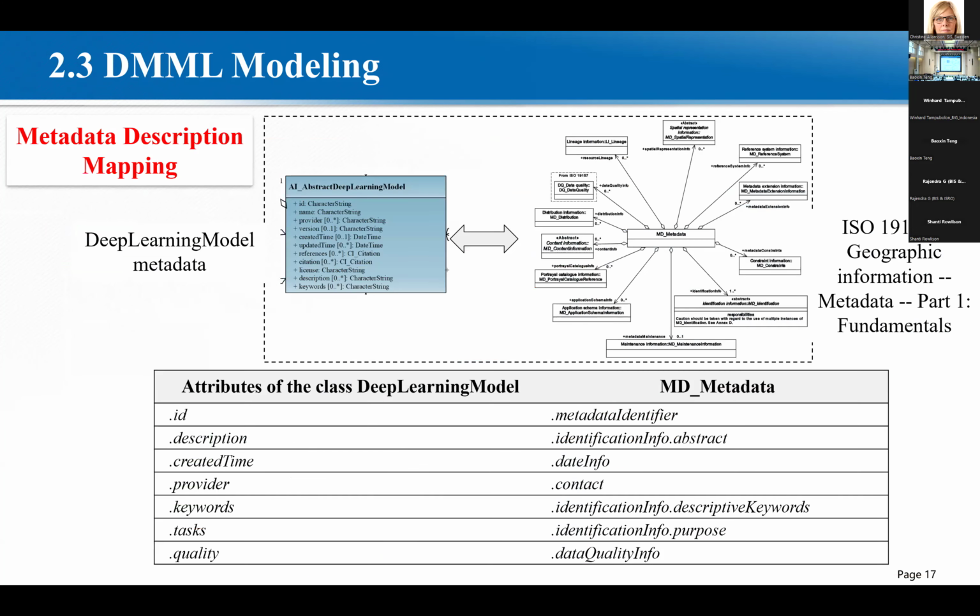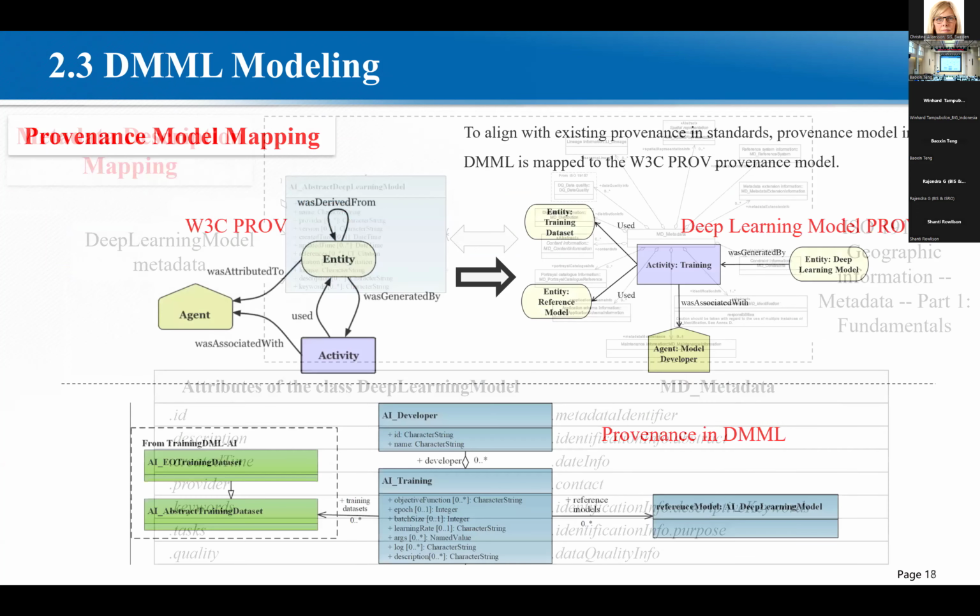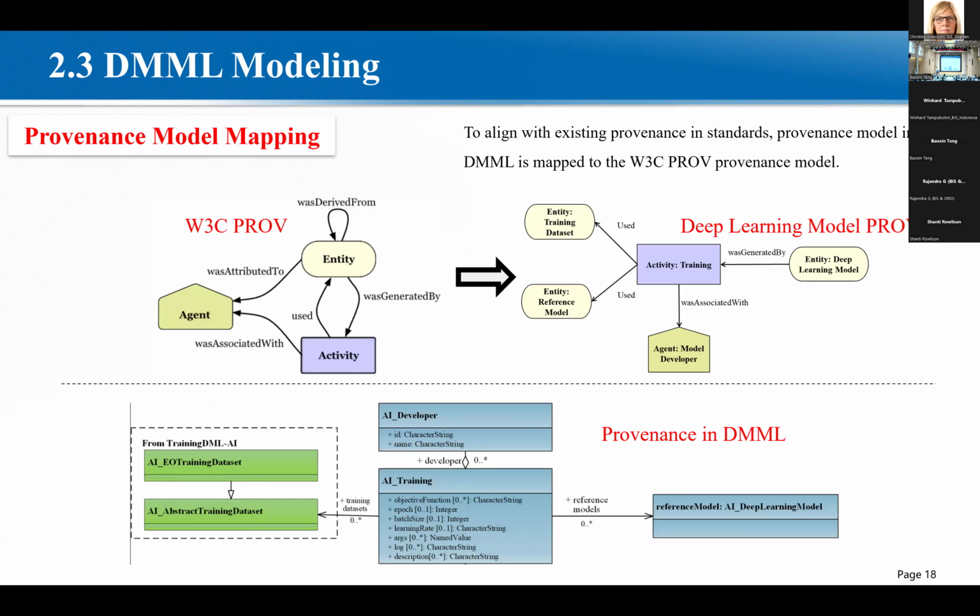So for the basic metadata, it leverages the geographic metadata from ISO 19115. For the provenance, we align with the W3C provenance model to describe the provenance for deep learning models.